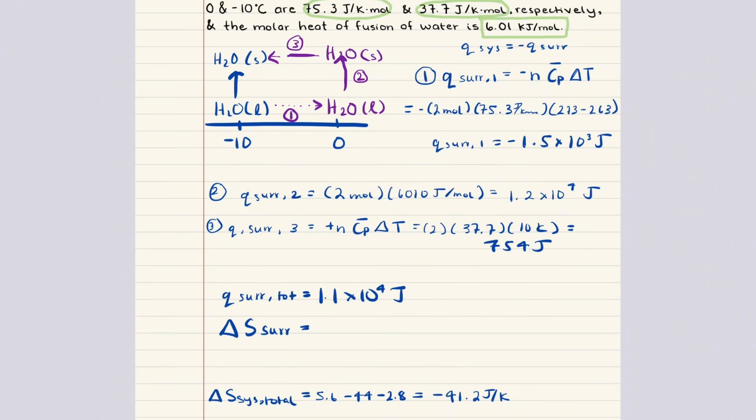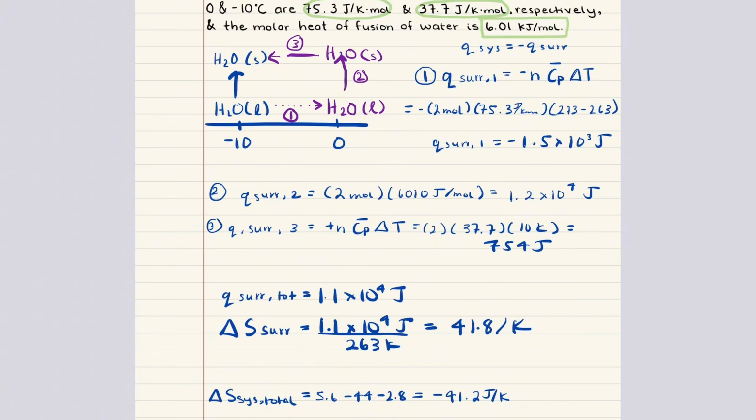So delta S surroundings is equal to Q surroundings total divided by 263. That's 1.1 times 10 to the 4 joules divided by 263 Kelvin. Our delta S surroundings is approximately 41.8 joules per Kelvin.